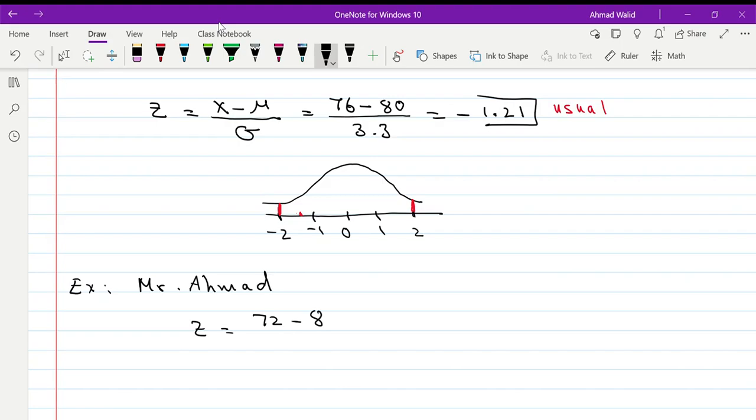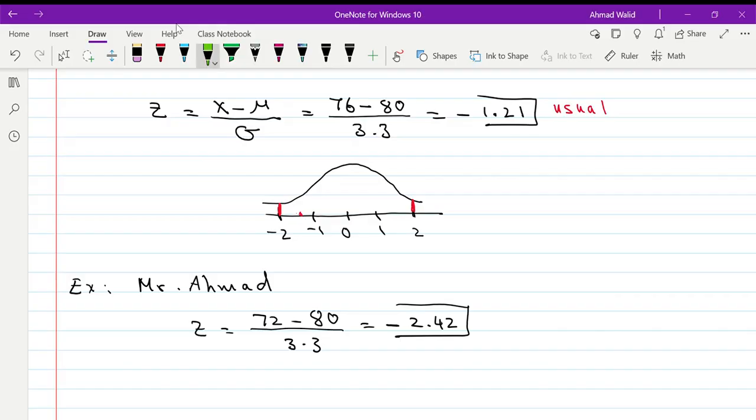72 minus 80 divided by 3.3. Correct? And if you do this calculation, again you will end up with negative 2.42. Is 2.42 usual to play for Miami Heat? You see where I am. I'll use the green color.